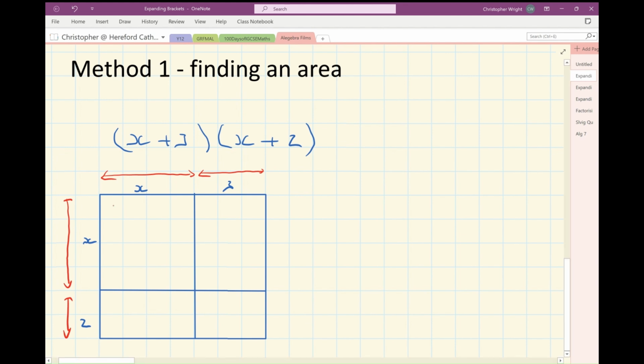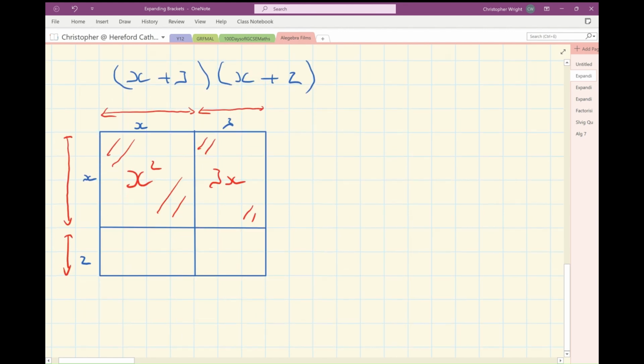So my rectangle is made up of this square here, and this square has an area of x times x, x squared. It's made up of this rectangle here, and this rectangle is 3 long and x high. 3 times x is 3x. Here I've got another rectangle, which is x long and 2 high.